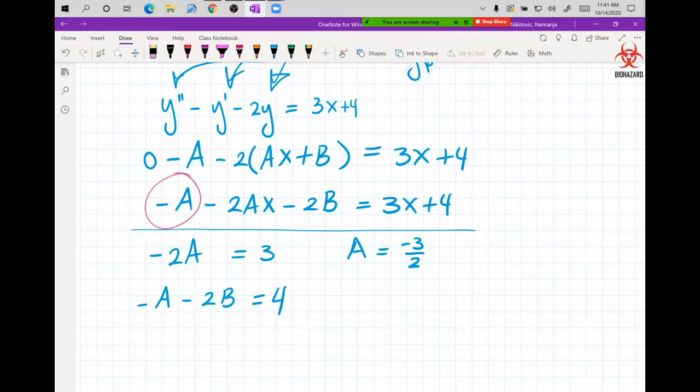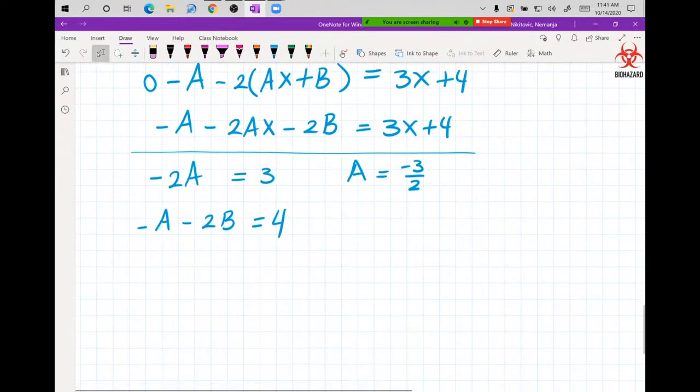But we already know that a is negative 3/2, so plug that in there. We have 3/2, right? Negative and negative make a positive.